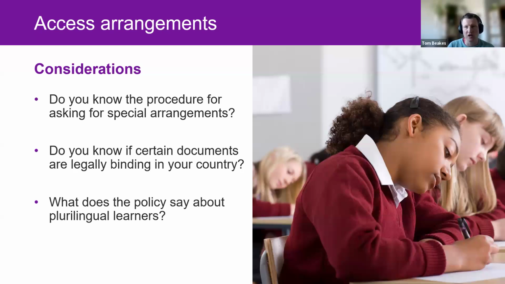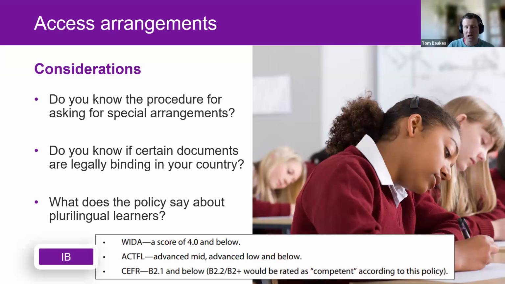I had a quick look at the IB one, and again, I think it's quite useful. It's really detailed and quite nuanced. They specify the proficiency level below which a learner is potentially able to receive support. They call it technically competent.